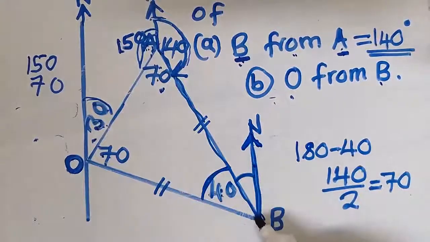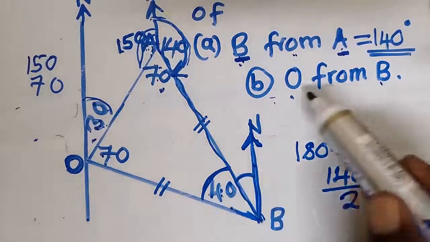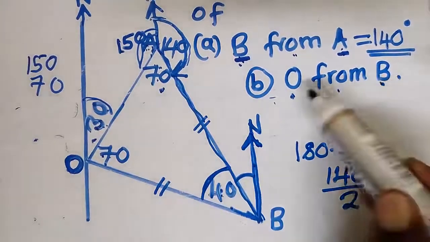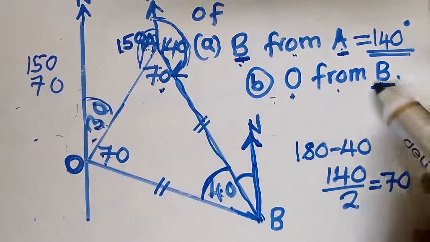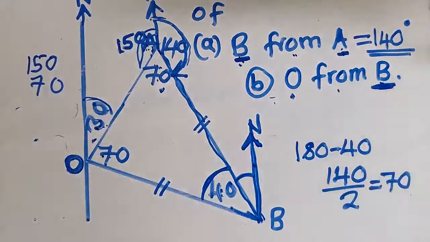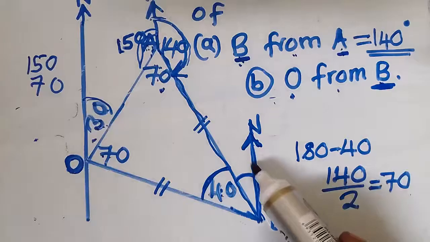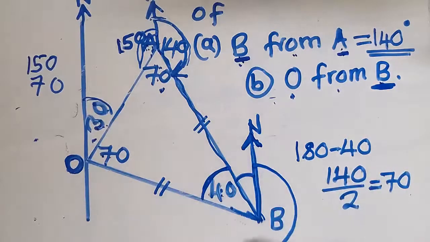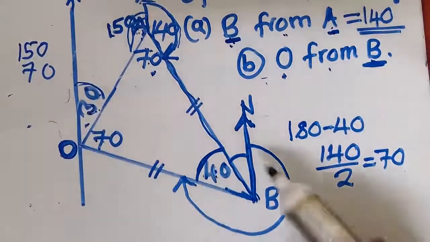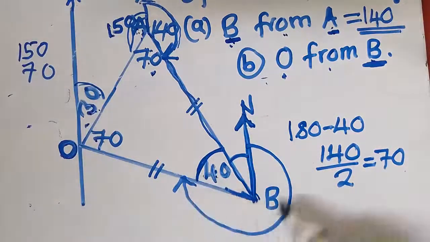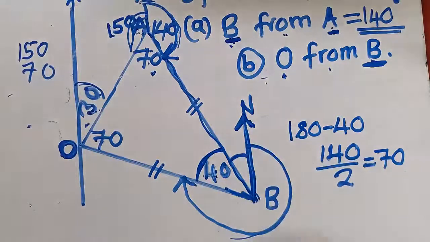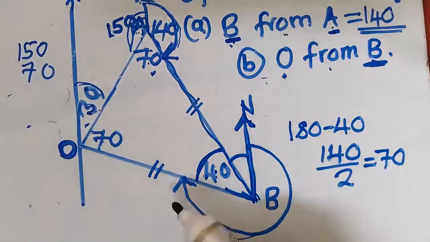O from B means B to O. You are starting from B, so you move from here until you meet O. This is the angle that we are looking for.